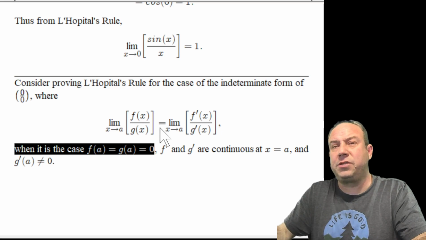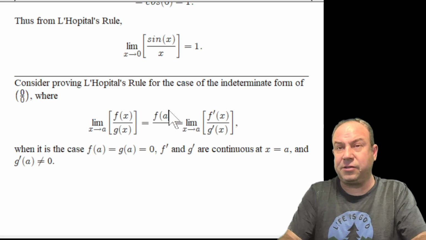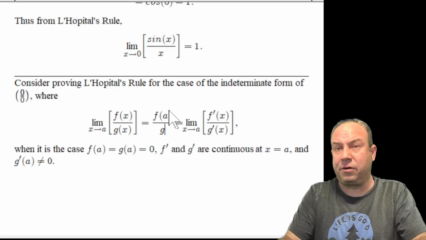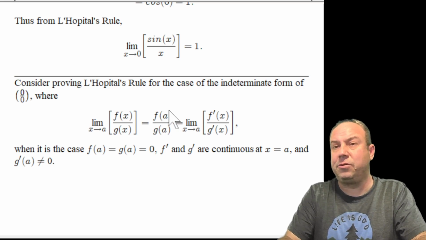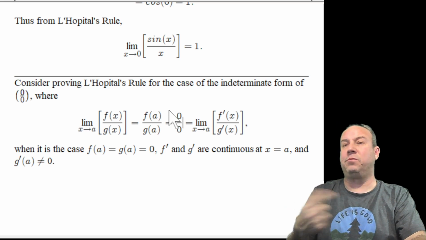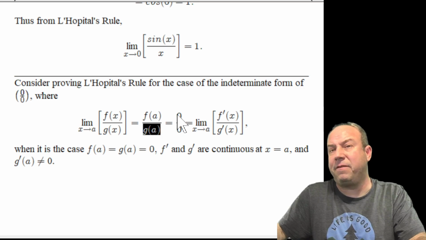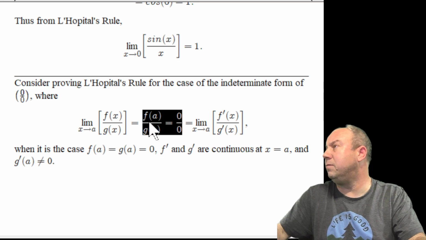Because we note through substitution that if we attempt substitution here, this will produce f of a over g of a. And if we're going to encounter the indeterminate form 0 over 0, that's going to imply these two results, f of a and g of a, must be equal to each other and equal to the value of 0.